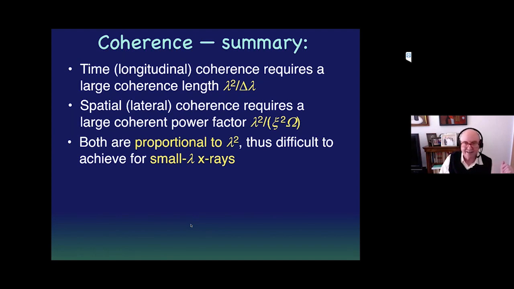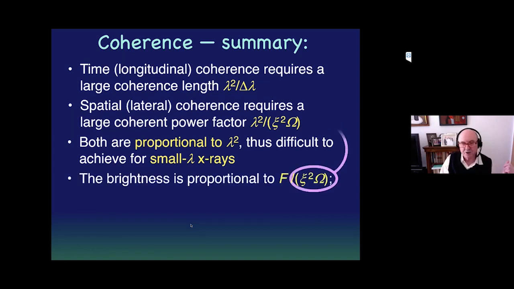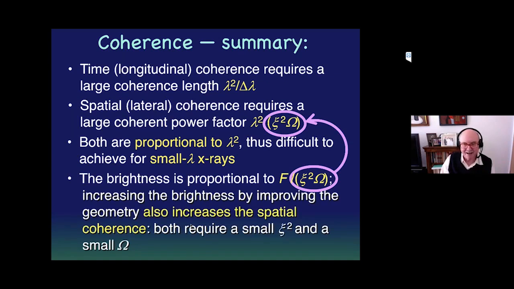So this is the first point. The second point is that if you go back to the definition of brightness, you realize that the same geometric parameters that give you a high brightness also give you a high coherent power factor, that is, large spatial coherence. So we got a bonus, because we've been struggling for decades to improve the brightness by improving the geometry, and in the end we discovered that we also got spatial coherence.